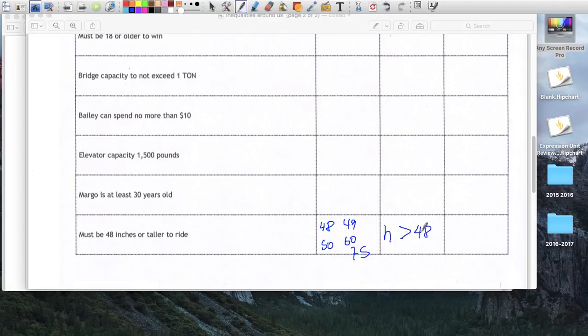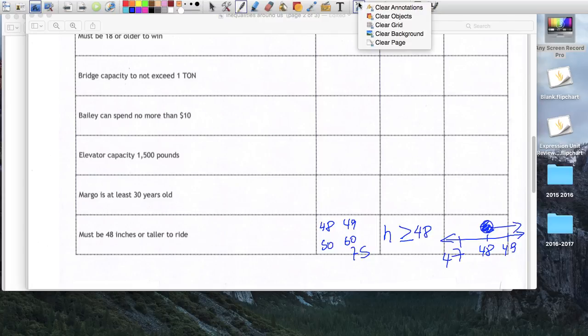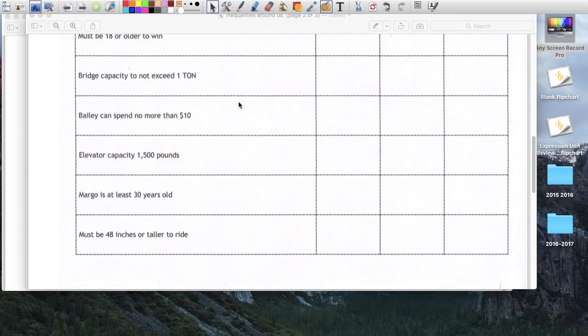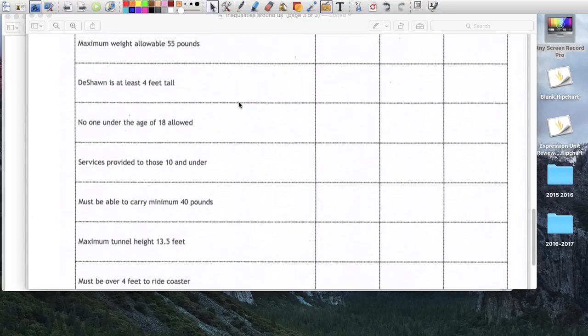Greater than 48. Can it be 48? Yes, it can. Equal to 48 or greater than 48. Number line. Here's 48 inches, 49, 47. So anybody who wants to come to this ride, I can shade this because it can be 48, and you have to be higher than that.